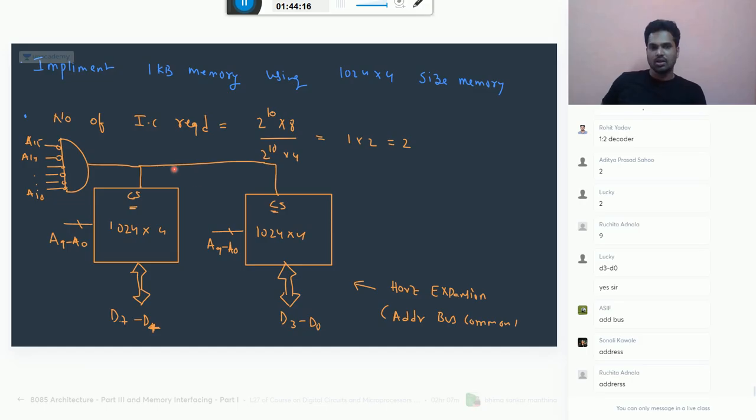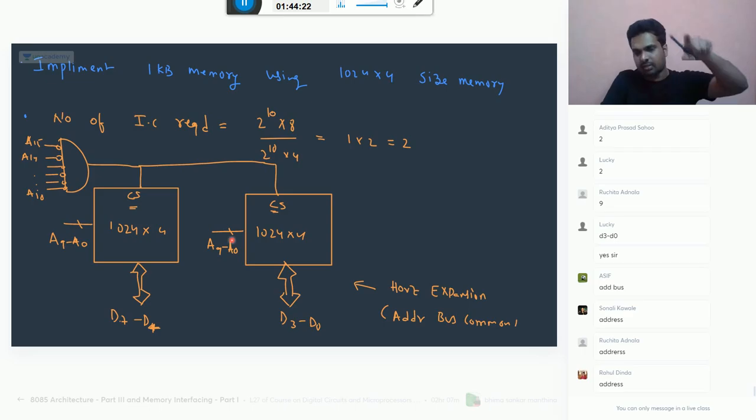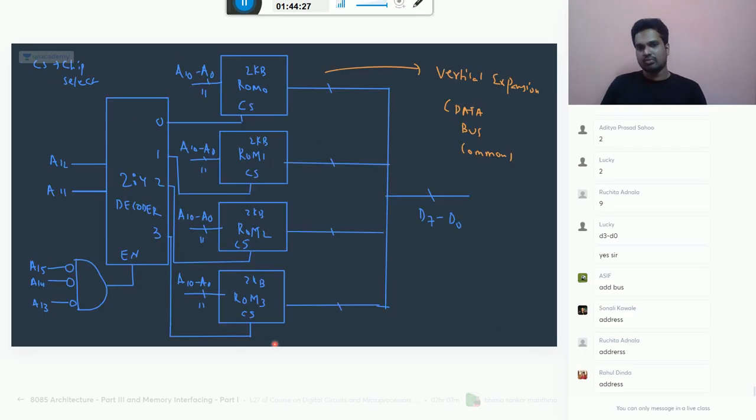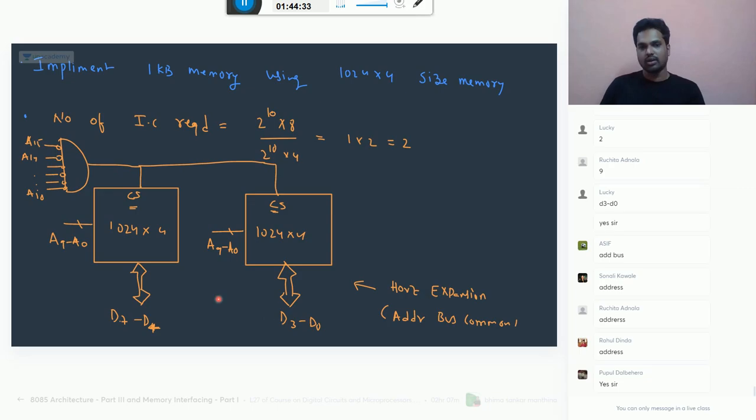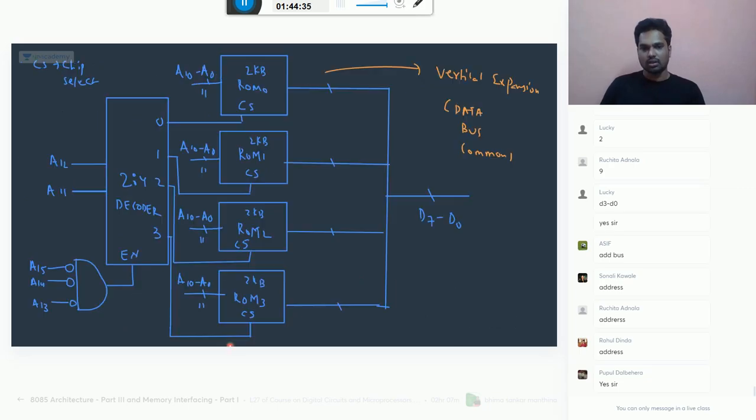Both chips will be selected at the same time. In vertical expansion, any one of them will be selected, not all. Here rows, here columns.